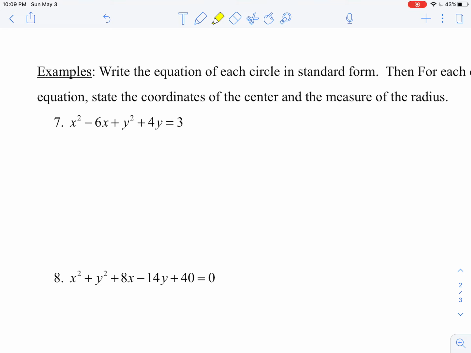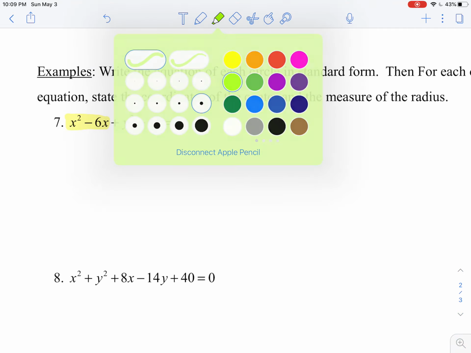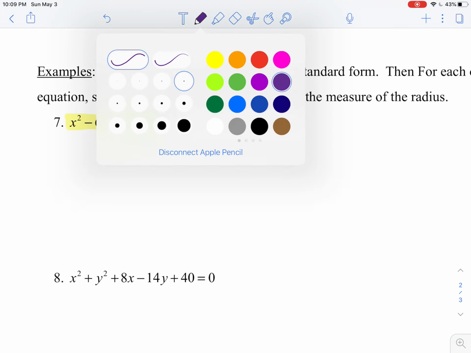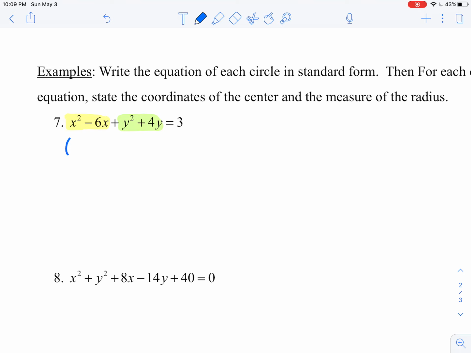So if we start with question number 7, we're going to complete the square twice. We're going to do it once with the x's, and then we're going to do it a separate time for the y's. So whenever I complete the square, I always set up my equation first. So I'm going to set this up as x squared minus 6x plus, and then leave myself a space.